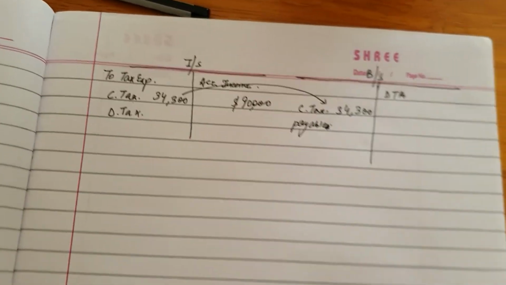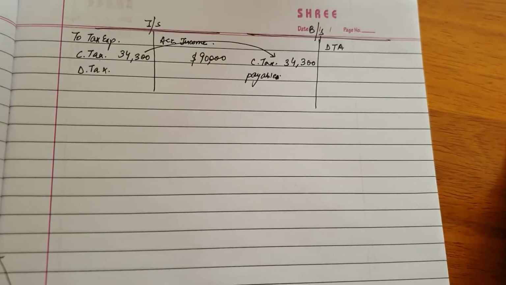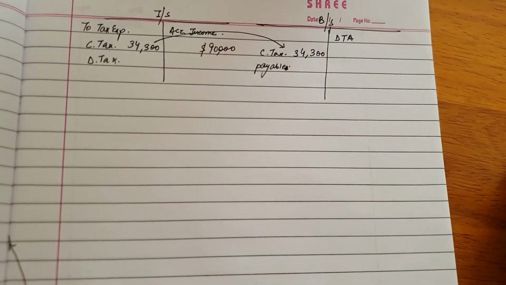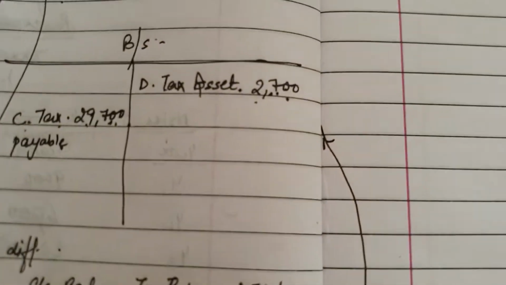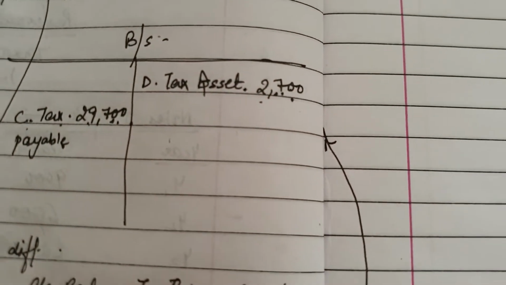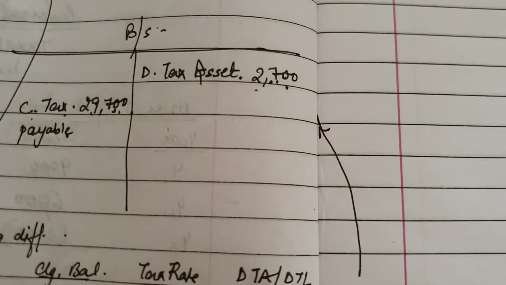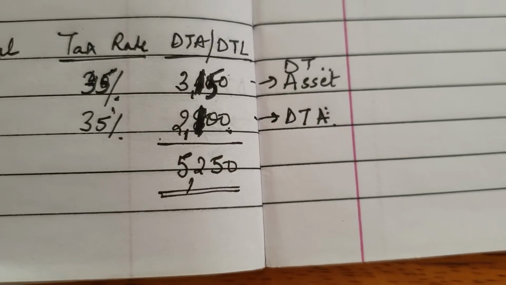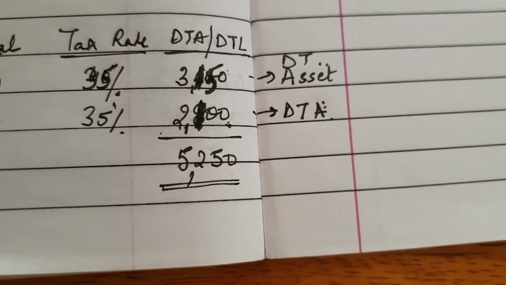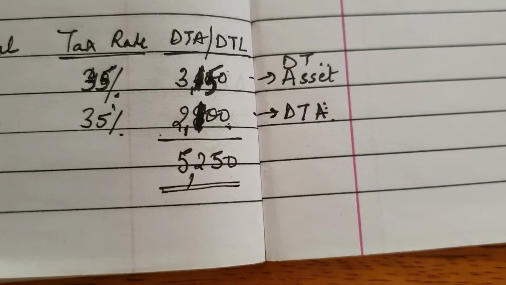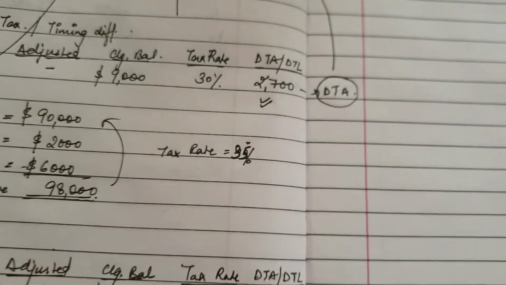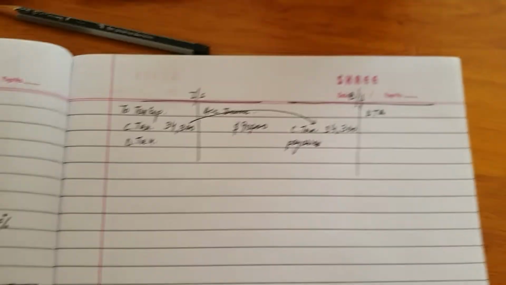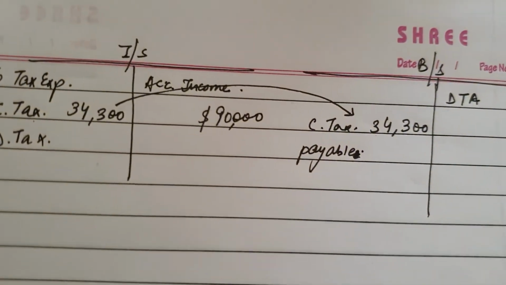Moving on to the deferred tax. Now, how to deal with deferred tax? Last year, if you would have noted, our deferred tax asset was 2,700 in our balance sheet. This year, our balance sheet should show this revised deferred tax asset balance. Whatever the difference is, whatever the adjustment is, is going to land up in the income statement.